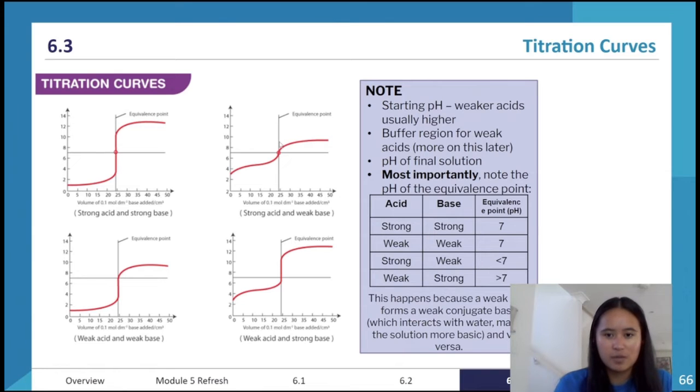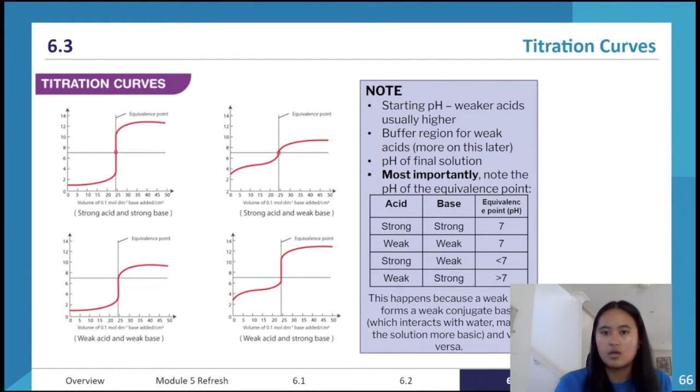For strong acid, weak base, you should have an equivalence point that's closer to the acid side, so it should be happening lower. And for strong base, weak acid, the equivalence point should be happening higher up, like 8 or 9, so a pH above 7.